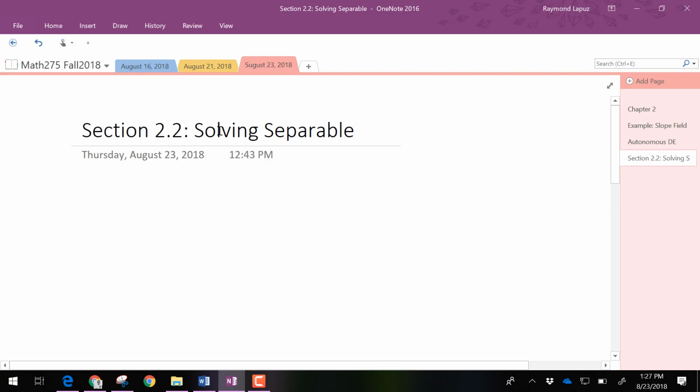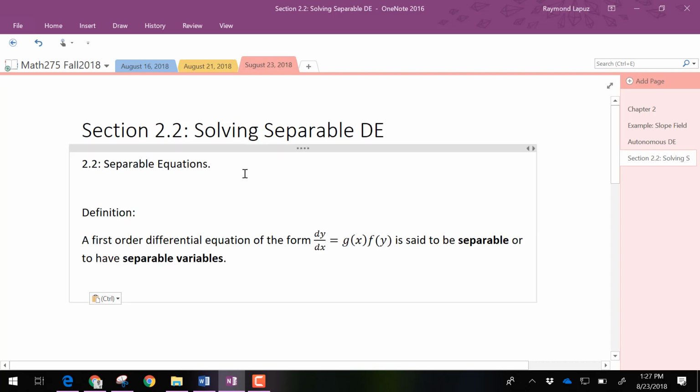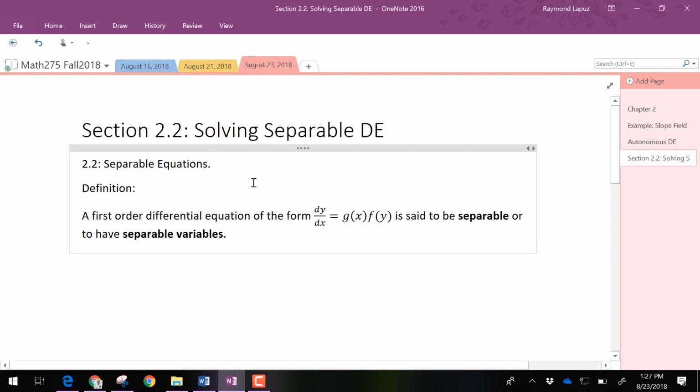Separable. So the first order differential equations, separable differential equations are probably one of the easier types of differential equations. If we ever run into them, we will be running into them. And the idea is to separate them and then solve for them.